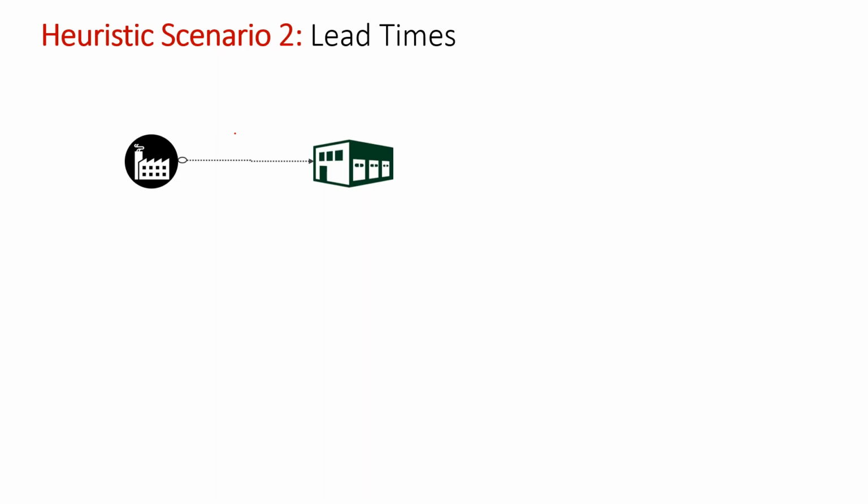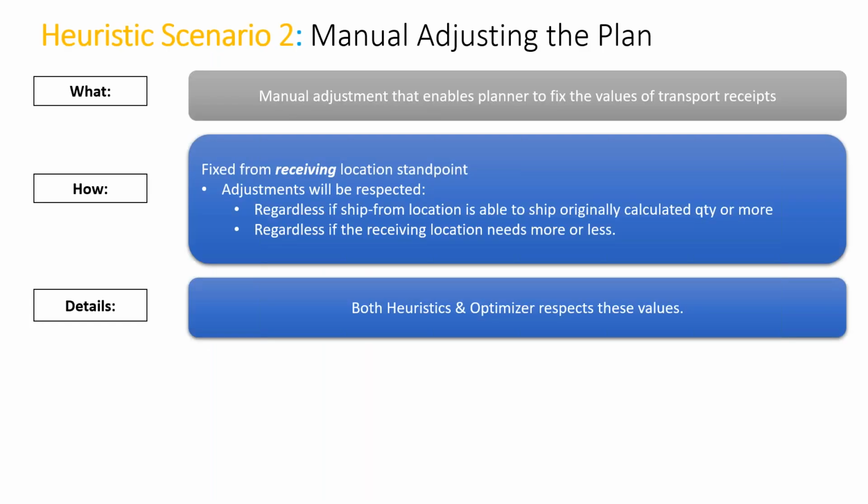The goods start on week 1, are received on week 3, and in between they're in transit. So there are two sets of key figures, one from a shipping location perspective and one from a receiving location perspective, and the lead time comes in between and does an offset of this entire shipment plan.